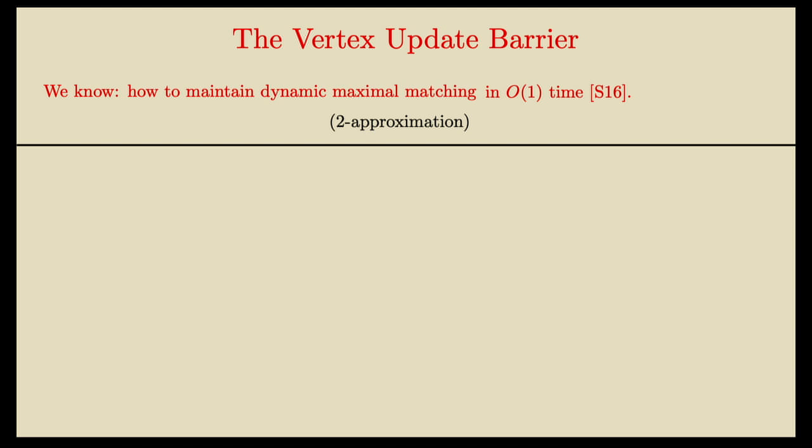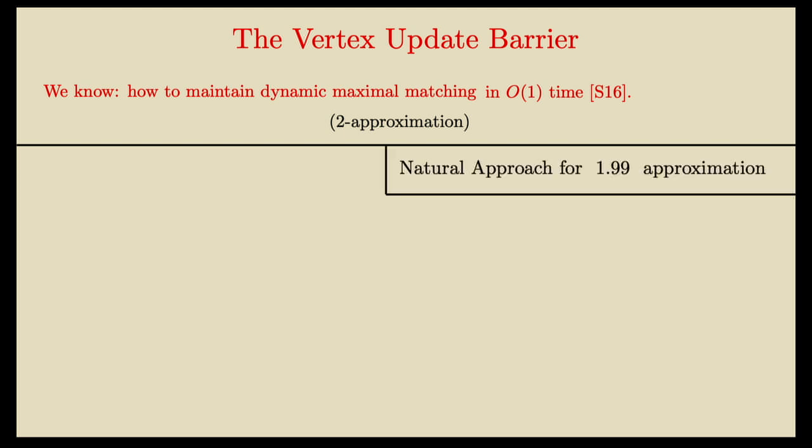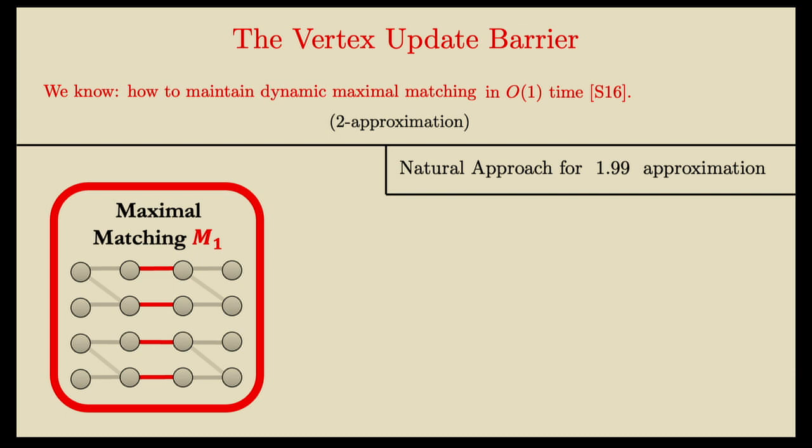So, why is it difficult to beat 2 approximation dynamically? You end up with this vertex update barrier, and let me illustrate a very natural approach for getting 1.99 approximation. You first maintain a maximal matching M1, which I know how to do in polylog update time, and then try to augment this maximal matching M1 by a second matching.